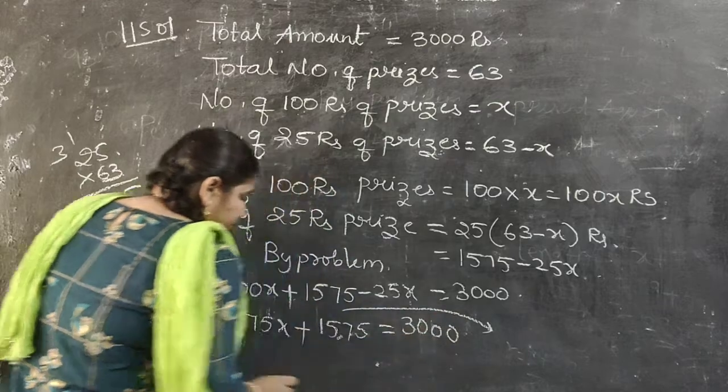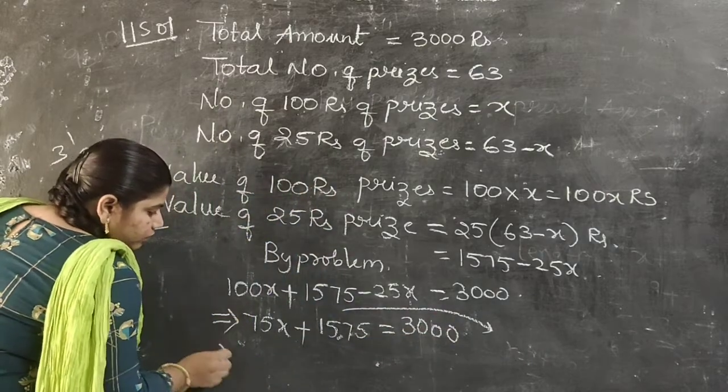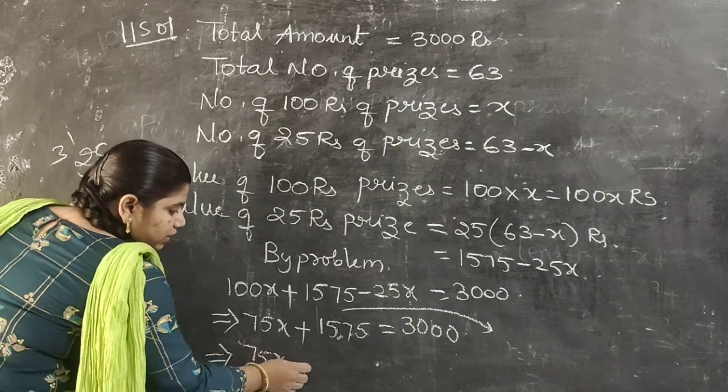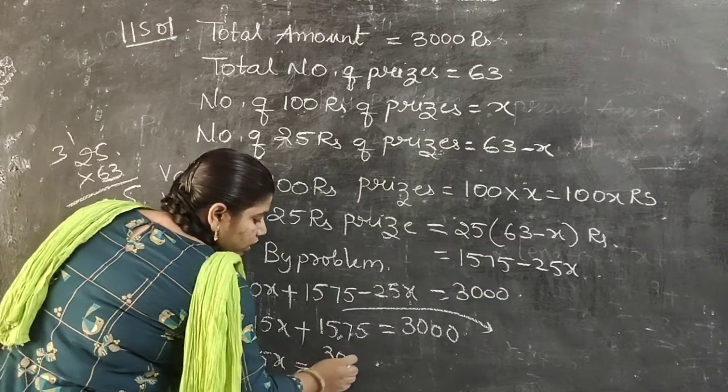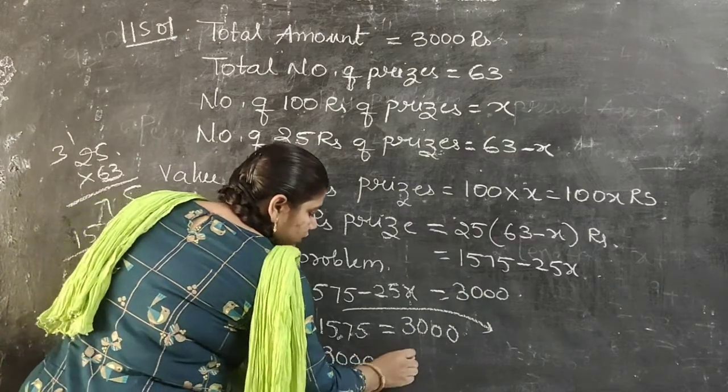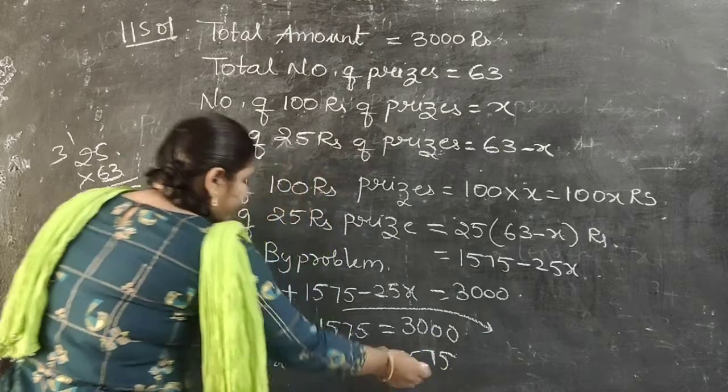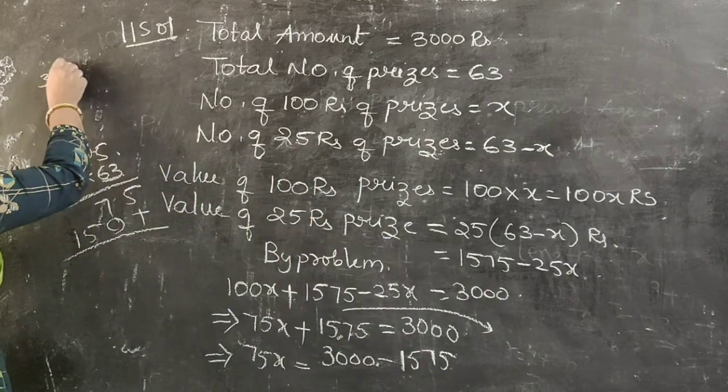Transpose this value, that will be 75x is equal to 3000 minus 1575. Subtract these two values.